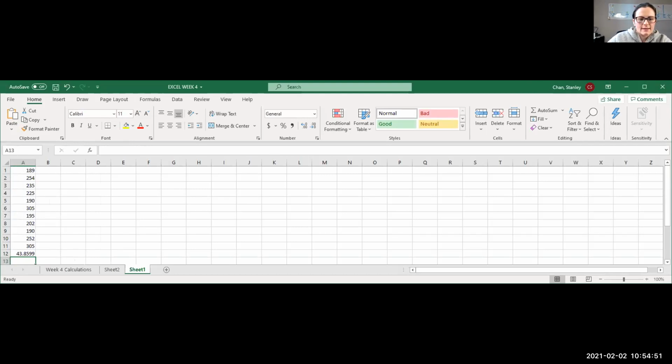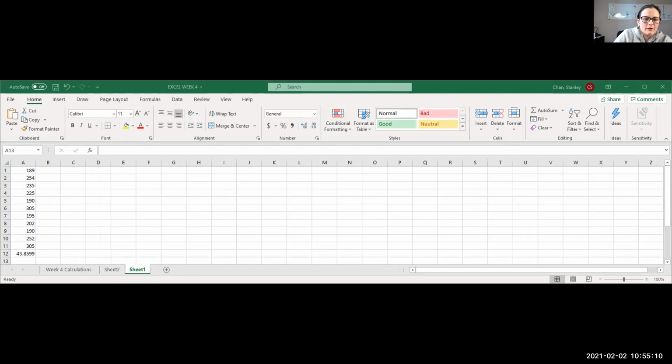So that is the standard deviation. How did we calculate that? We calculated it using Excel. It's much faster and it gets you to what you need.